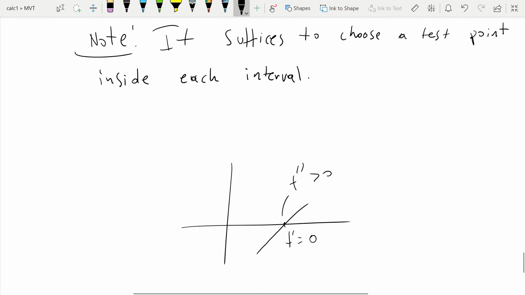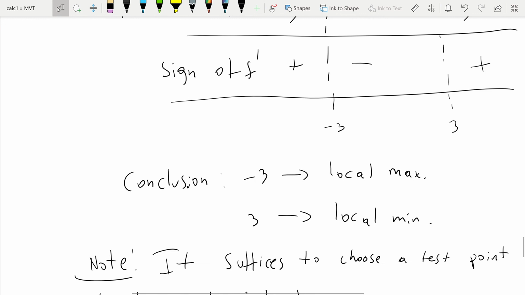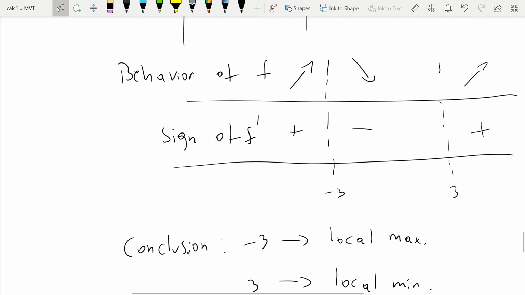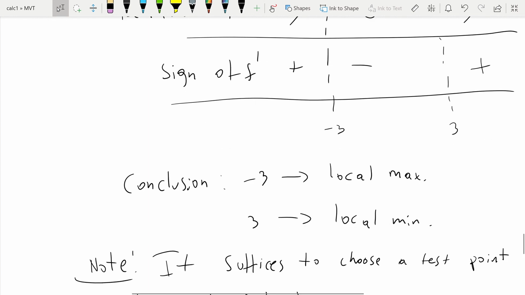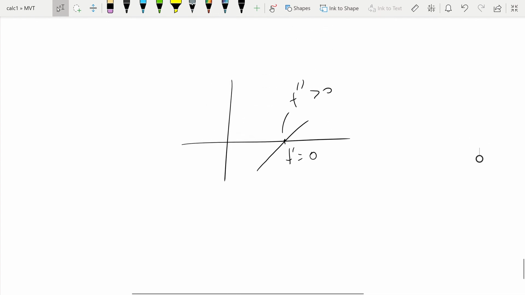If f double prime, on the other hand, is negative, then you have the opposite situation. Where the function is increasing, it reaches a local max and then goes down. So that's what the second derivative test will tell us.